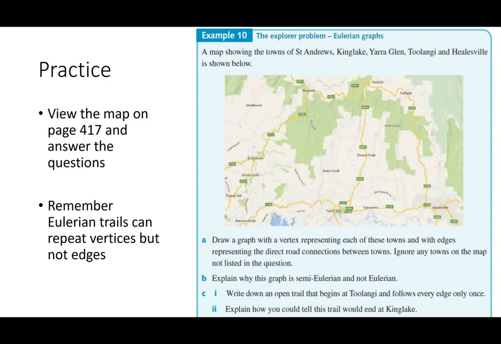Ignore any towns not listed in the question, and explain why it's semi-Eulerian, not Eulerian. And then write down an open trail that begins at Tolangi and follows every edge only once. And explain how you could tell this trail would end at Kinglake. So I'm going to give you 4 minutes to do that.